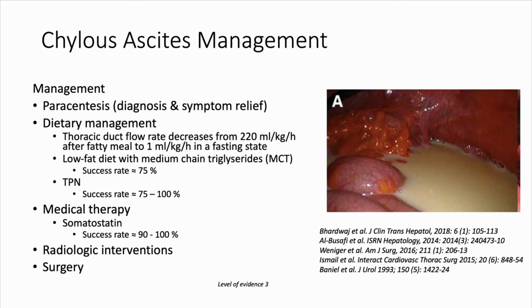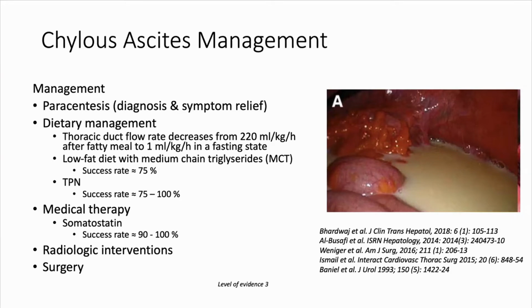Now, if the dietary measures fail, the second line option is to give the patient somatostatin, and somatostatin decreases the flow in the thoracic duct and decreases the content of triglycerides in the lymph itself. The reported success rate with somatostatin is around 90%.